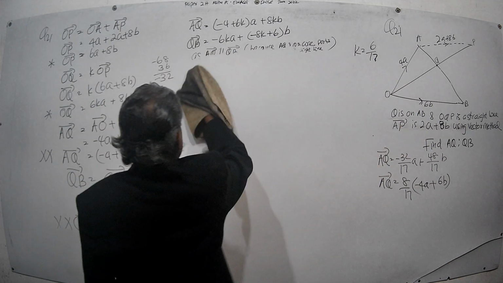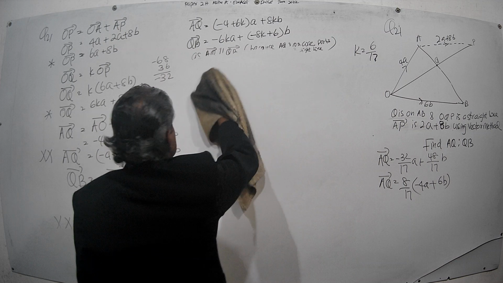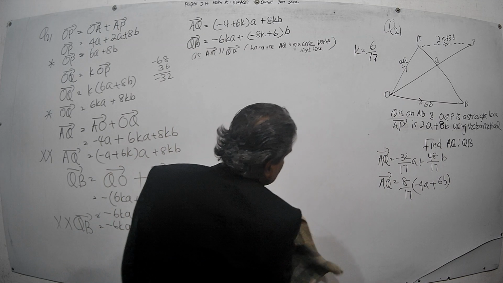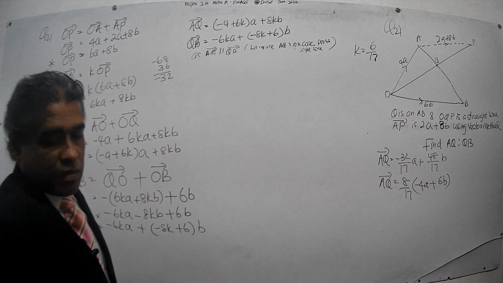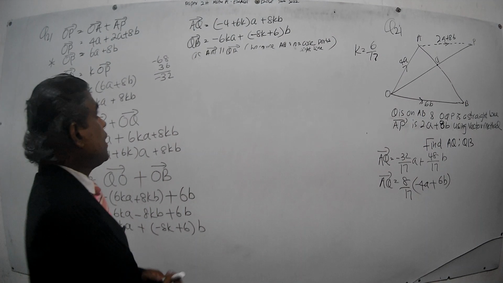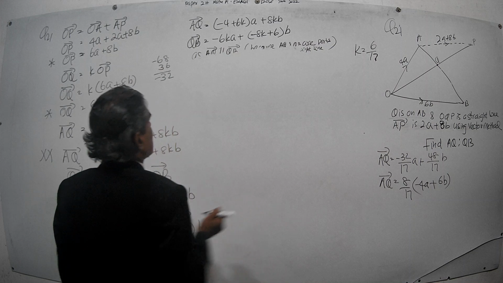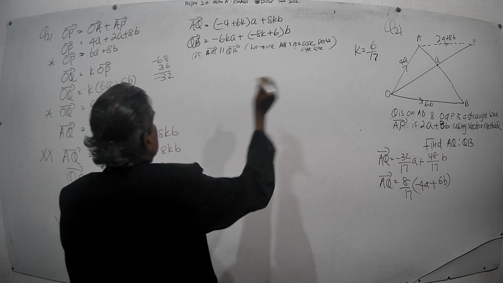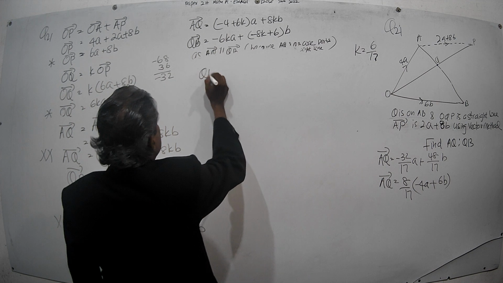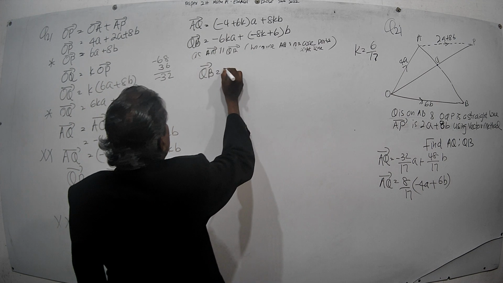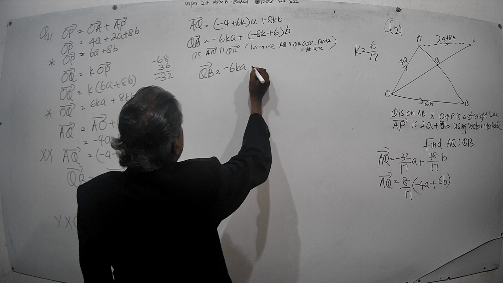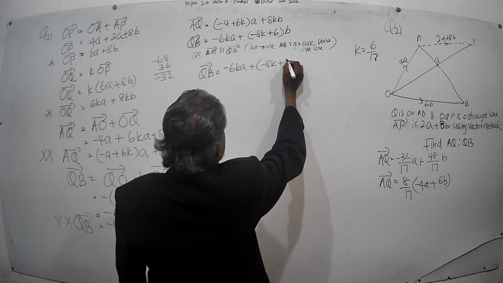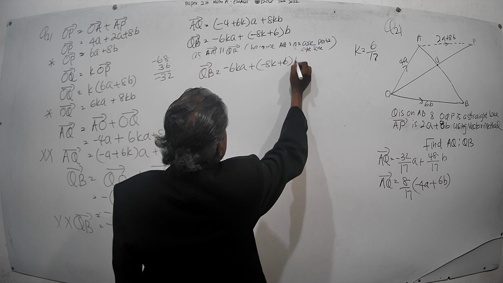Now we found the value of the expression for the vector AQ, substituting that K value. Then now we are going to find the expression for the vector QB by substituting that K value. Now we got vector QB here. QB equals minus 6Ka plus minus 8K plus 6b.